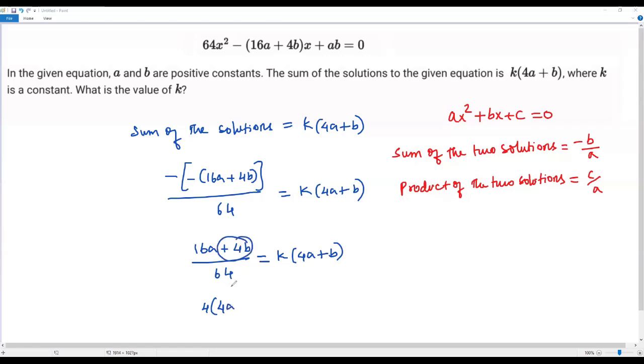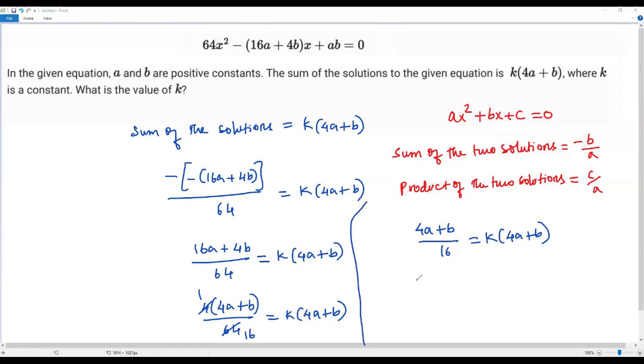And when I divide 4b by 4, I am getting positive b, over 64 equals k times (4a + b). Here 4 goes into 4 one time and 4 goes into 64 16 times. Let me write the resulting equation. There is (4a + b) divided by 16 equals k times (4a + b).